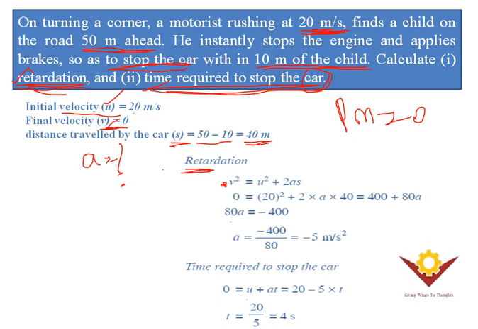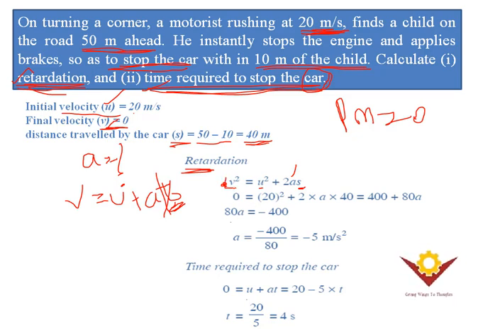Why not the other formula, v equals u plus at? Because here the time is there, and we don't know that time. Moreover, in the given data we have final velocity, initial velocity, and distance, and what we require to find is acceleration. So that's why from the equations of motion you are selecting this.